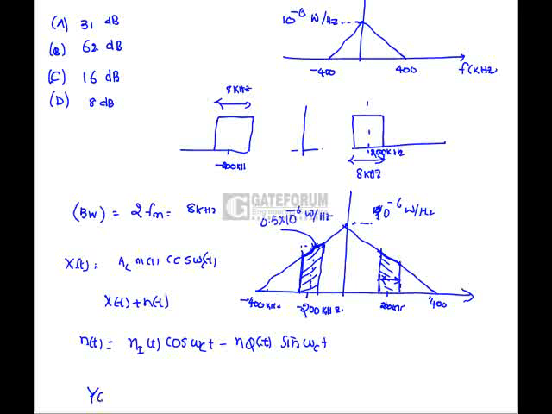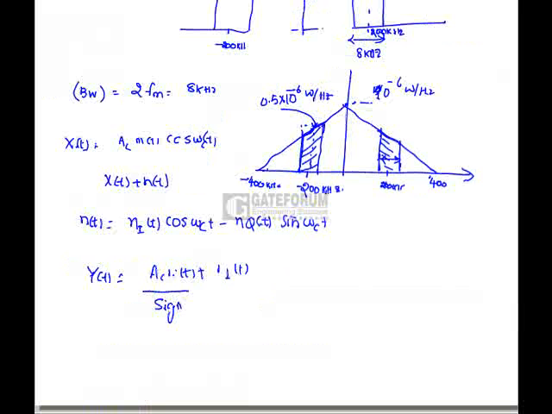The resulting signal y(t), if we assume, is Ac m(t) plus ni(t), the output of the receiver. This is the signal component, and this is the noise component. The signal power is already given in the problem, because this is the modulated wave. The signal power is Ac squared P by 2, which is 10 watts.